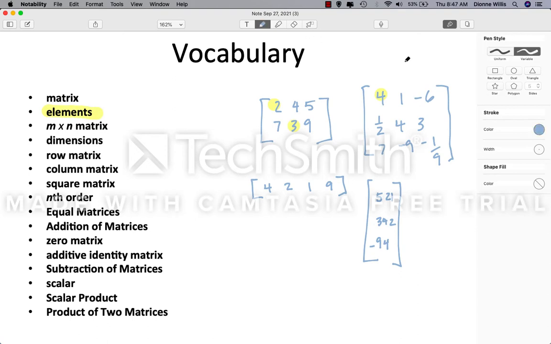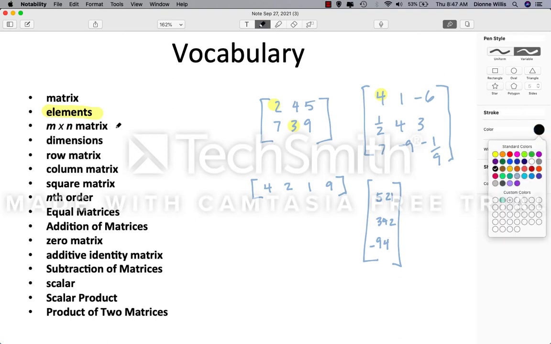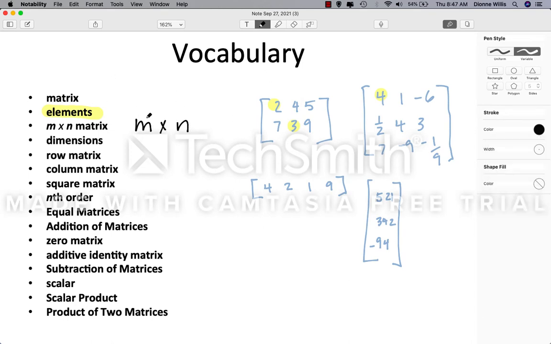Now, when we talk about a matrix, we have to talk about its size. The m by n matrix refers to the number of rows by the number of columns. In this case right here, we are looking at a 2 by 3 matrix.